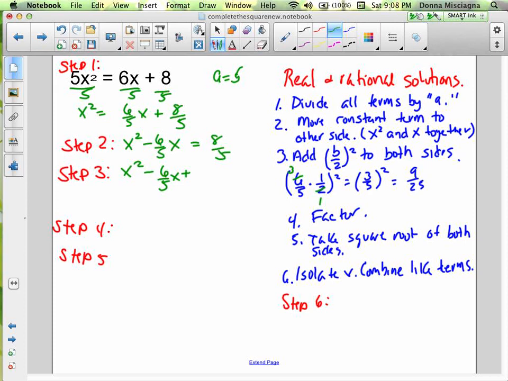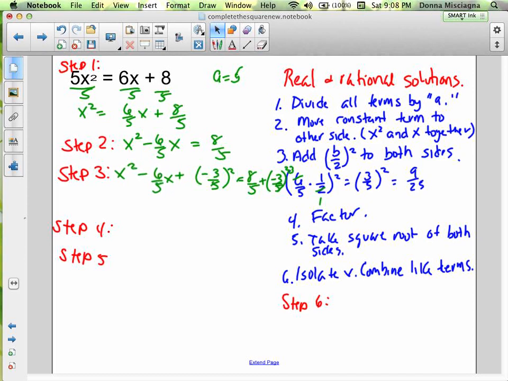So this would be negative 3/5 squared equals 8/5 plus, I squeezed it in, negative 3/5 squared. Let's see if I can just move everybody over though. Oh, that goes together.